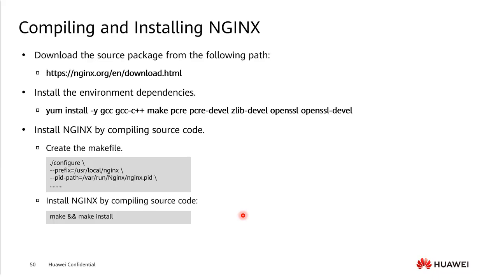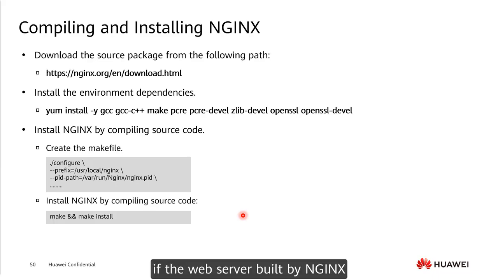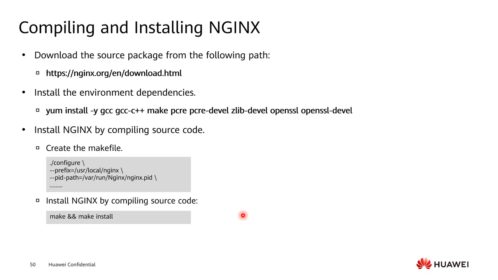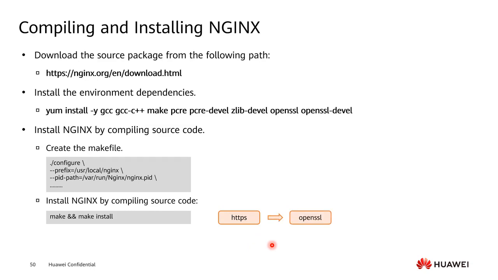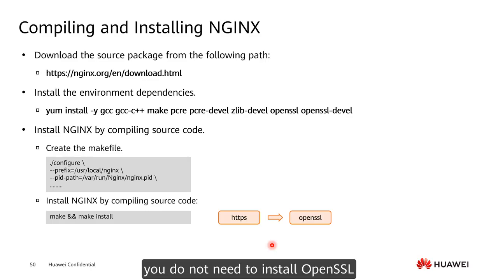For example, if the web server built by Nginx needs to be accessed through HTTPS, you can install OpenSSL during compilation. If HTTPS is not used, you do not need to install OpenSSL. This reduces the waste of hardware resources.